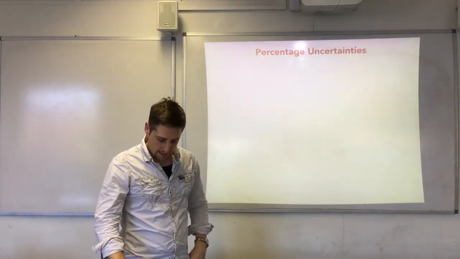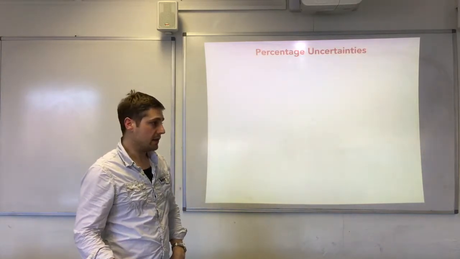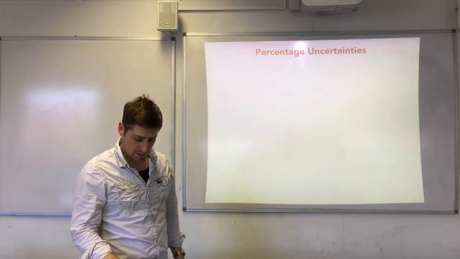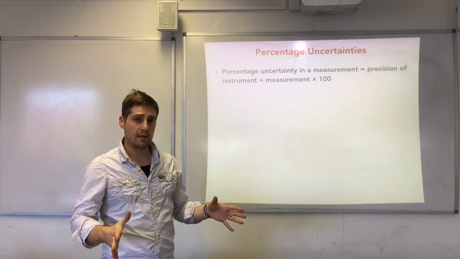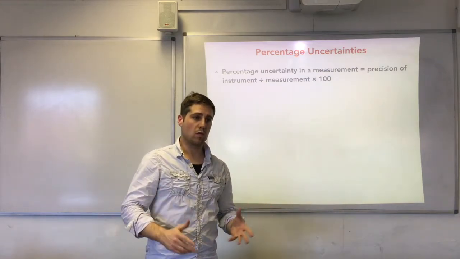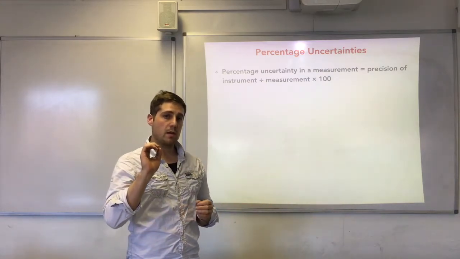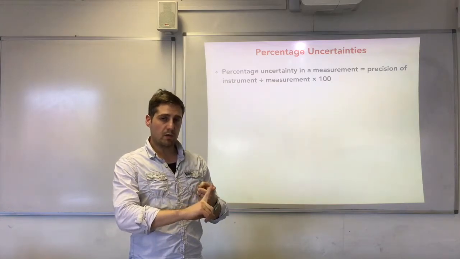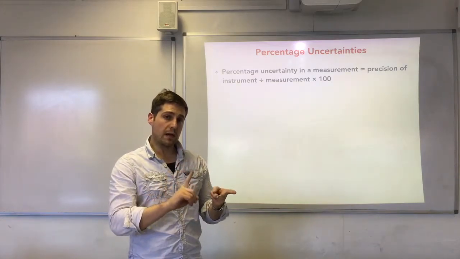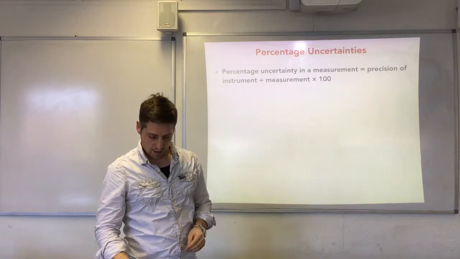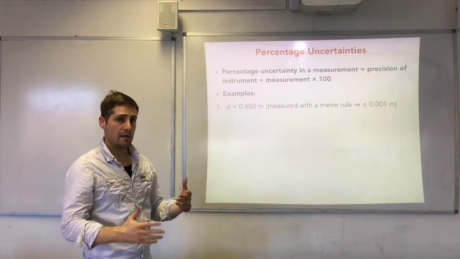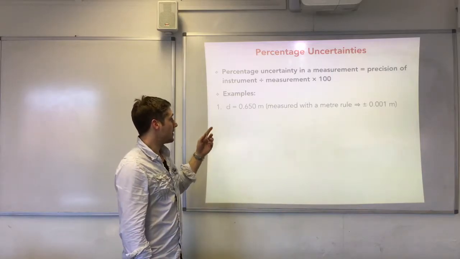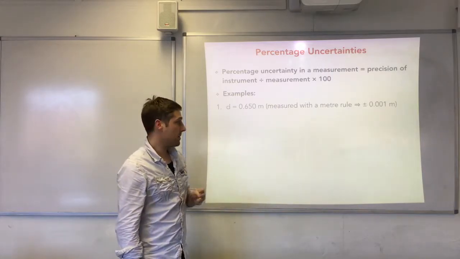Now let's look at percentage uncertainties. What we've seen so far are the absolute uncertainties. To calculate the percentage uncertainty for a measurement, you take the absolute uncertainty, divide it by the measurement, multiply it by 100, and that's your percentage uncertainty. So let's take some distance measurement D as 0.650 meters.